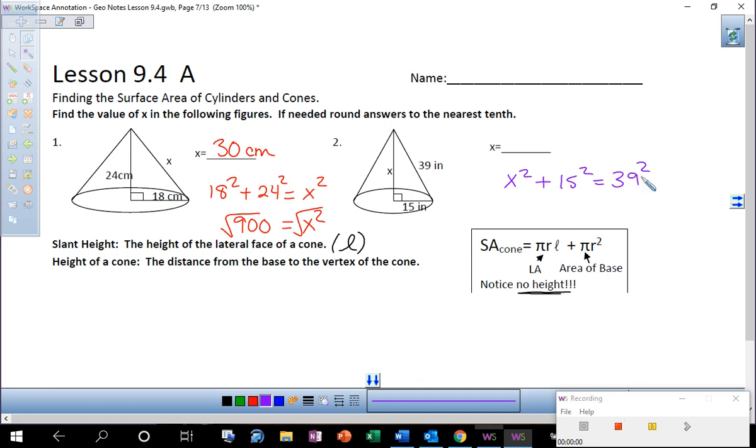When you square those out, 15 squared is 225, 39 squared is 1521. Subtract over your 225, so x squared is 1296, and then once you square root that, you should get a nice answer of 36 inches.